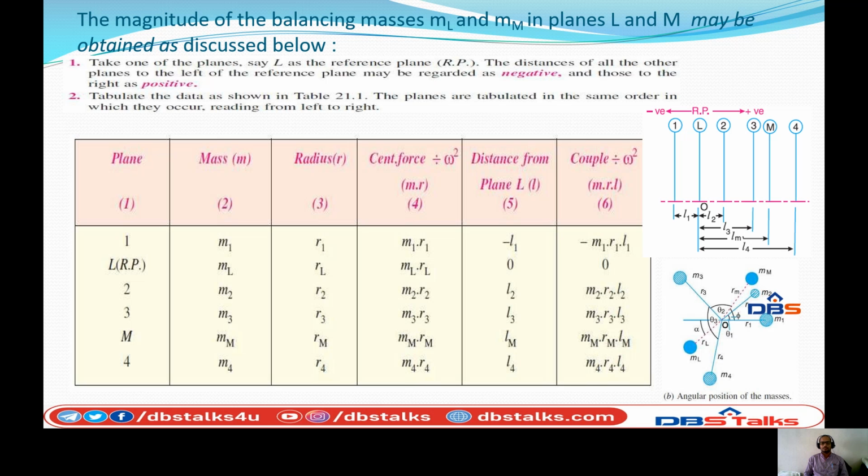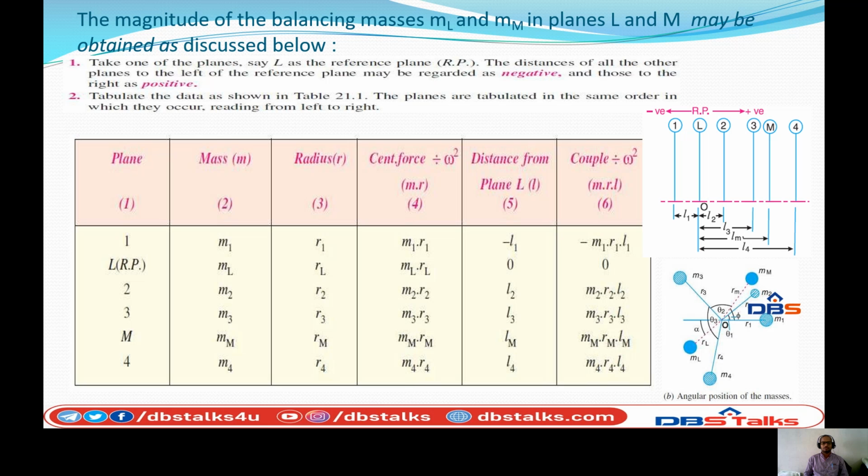So I am taking L as the reference plane. The distance from L, since L is the reference, to all the remaining planes may be regarded as some length, with the left of L as negative and the right of L as positive.